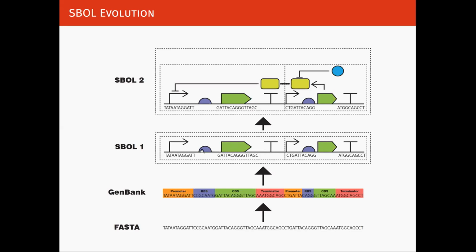But I know that I want a ribosome binding site after my promoter and I want a terminator after my coding sequence. But I haven't yet decided which one I am actually going to be using. So in this way, we're able to express that I've got a promoter followed by a ribosome binding site, followed by a coding sequence, followed by a terminator. So you know the general structure of your design, and later you can go back and assign the sequence.